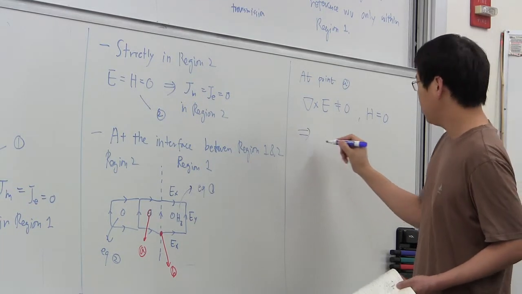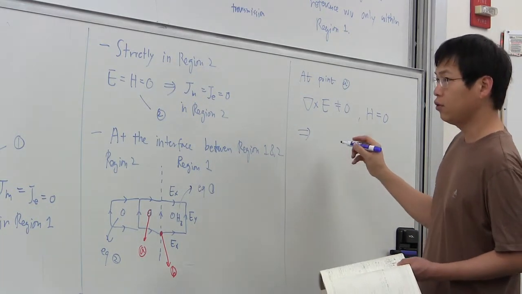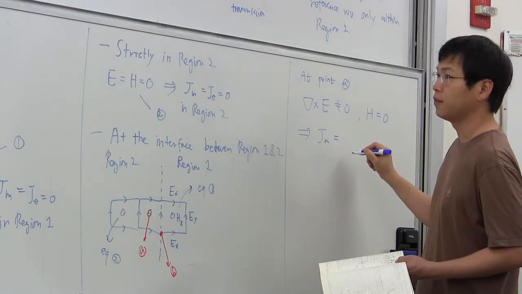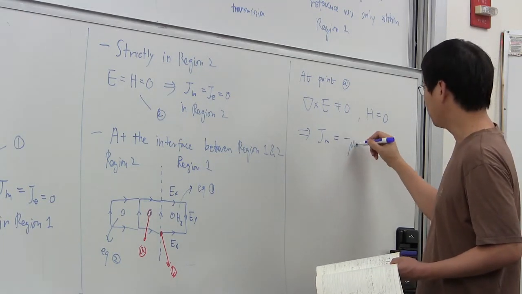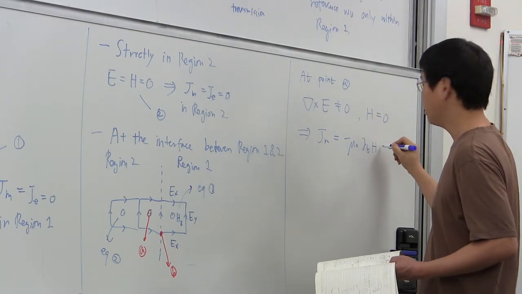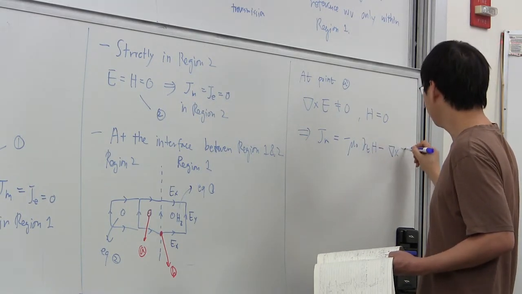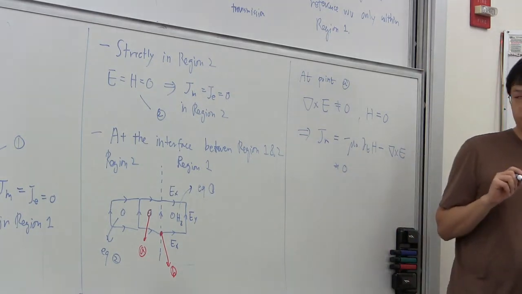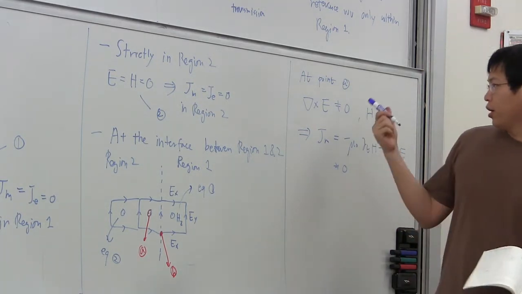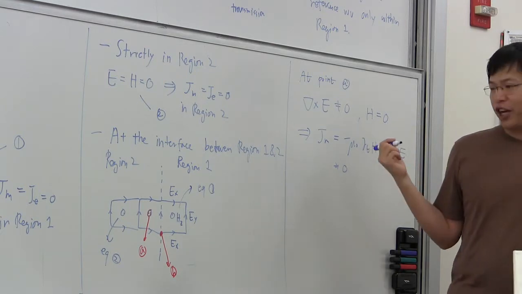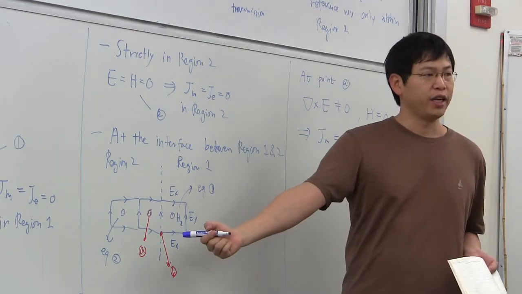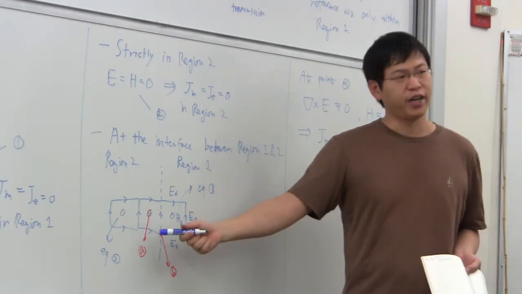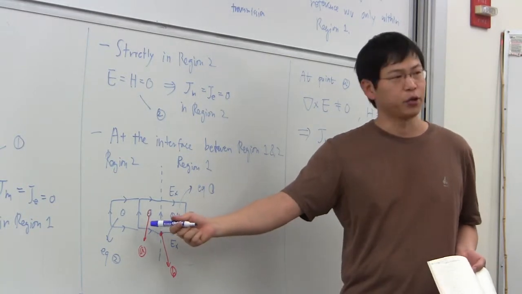Therefore, your J_M, which is minus mu_0 dH/dt minus curl E, is non-zero. So to summarize, J_M is non-zero at point A. So to generate that reference wave, you have to have a magnetic current source at point A.